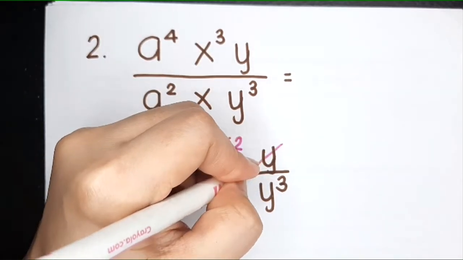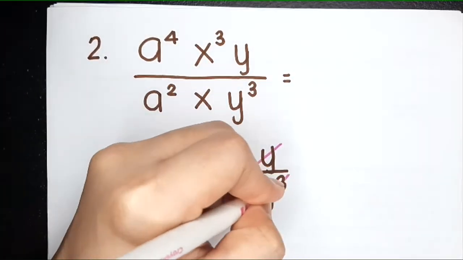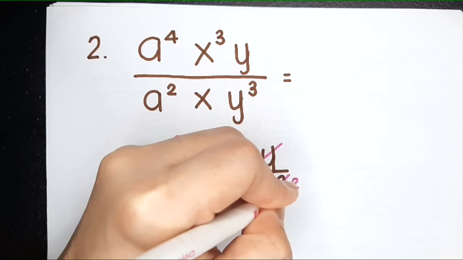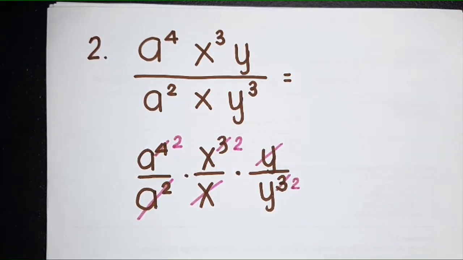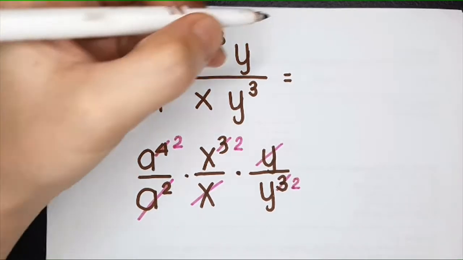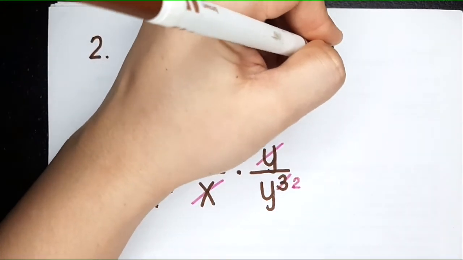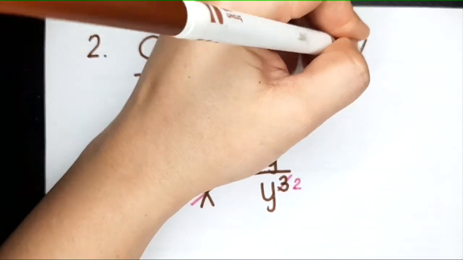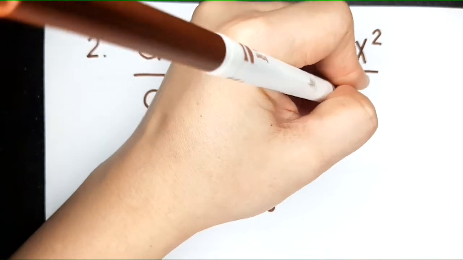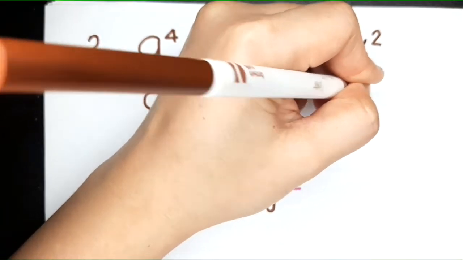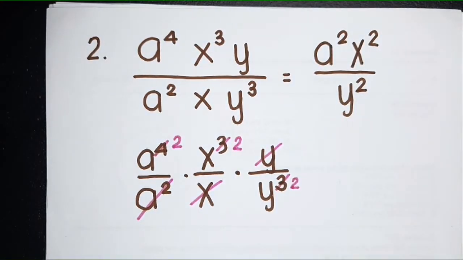Here, you can cancel this, and y becomes y squared in the denominator. So, what is going to be our final answer? Our final answer is a squared x squared over y squared. Okay? It's easy, right?